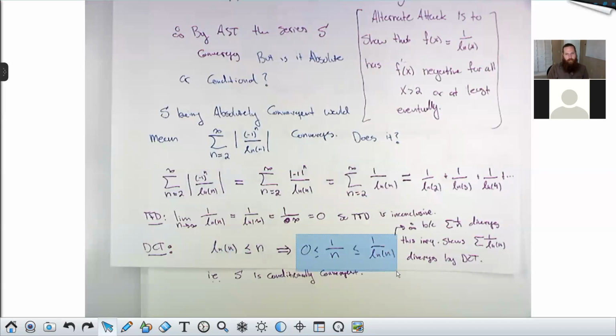This is a perfect direct comparison inequality showing that the terms of my series are a little bit bigger than the terms of the harmonic series.